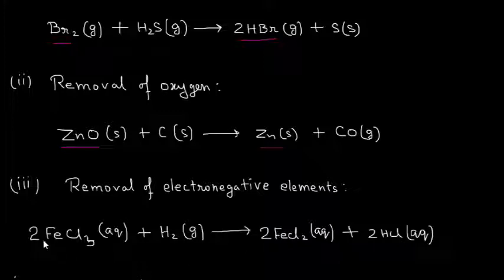Here total count of Cl is 6, 2 times 3 is 6.